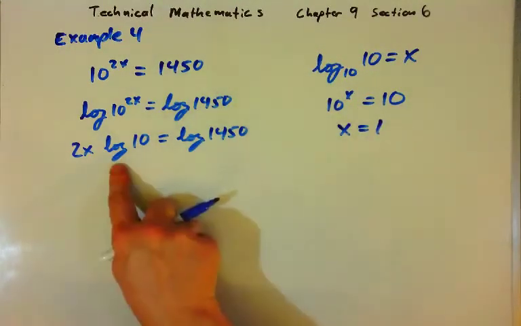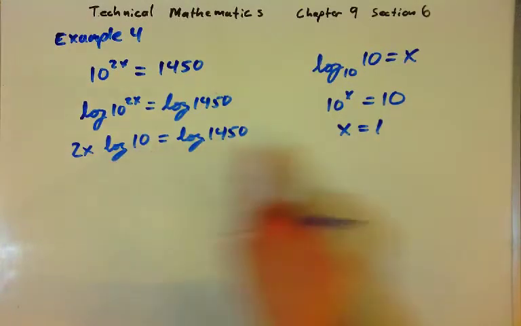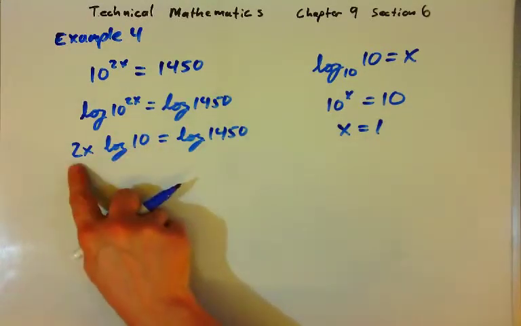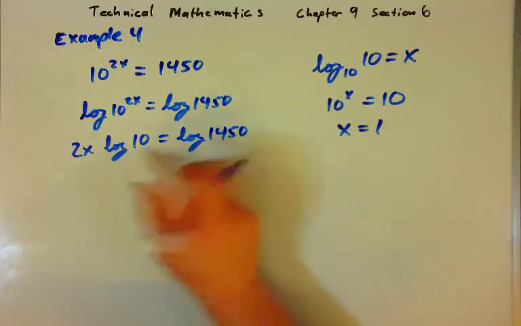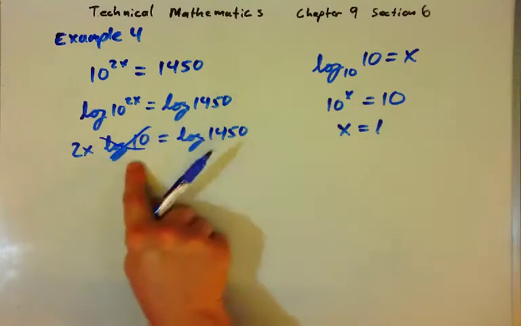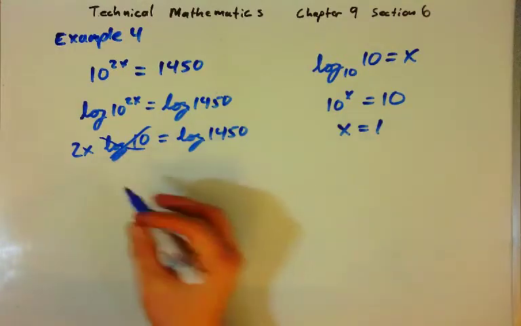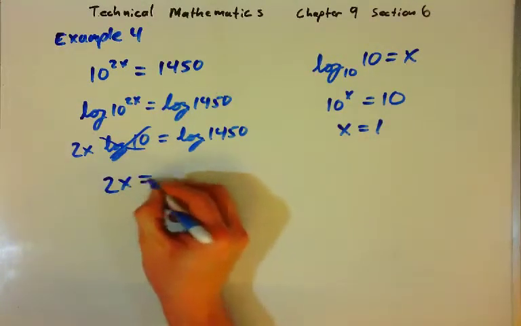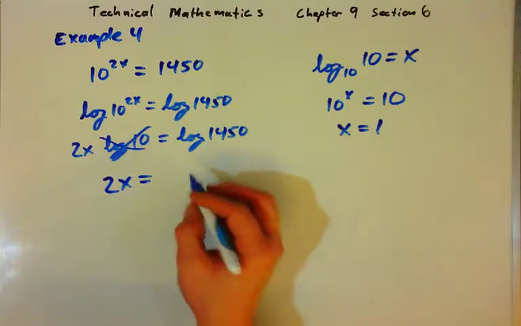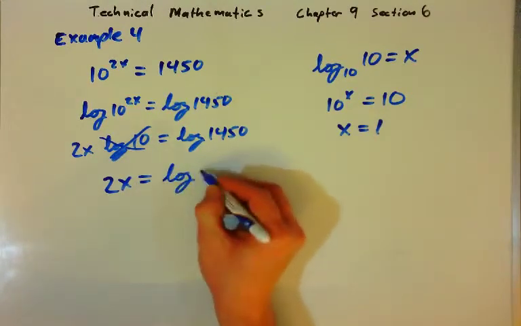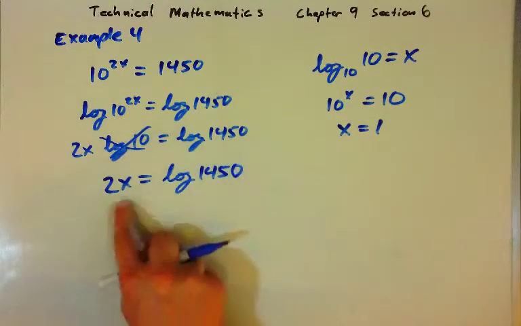And so the common log of 10 is 1. And 1 times 2x is just 2x. So the common log of 10 cancels. And so again, that's why it was important that I chose the common logarithm, not the natural logarithm. And so now I get 2x, because common log 10 cancels, equals the common logarithm of 1450.